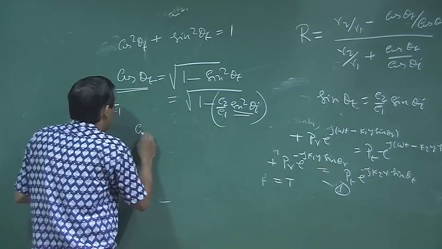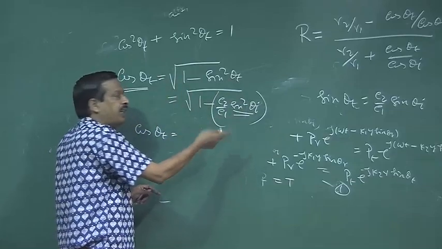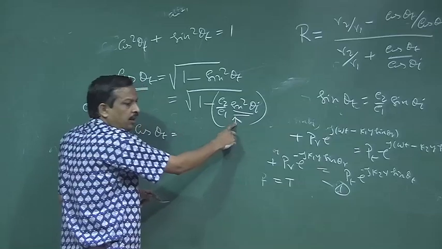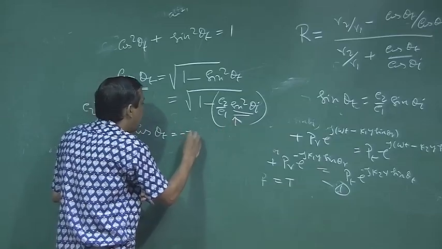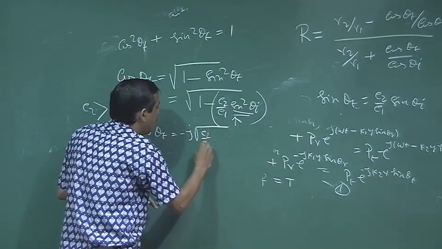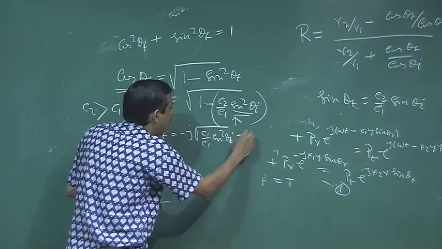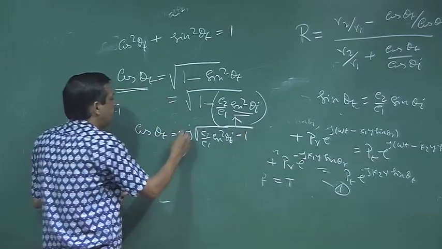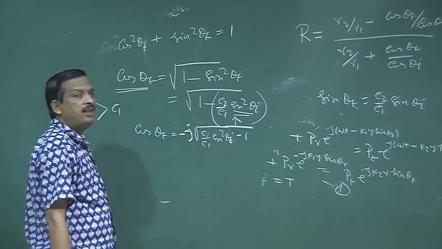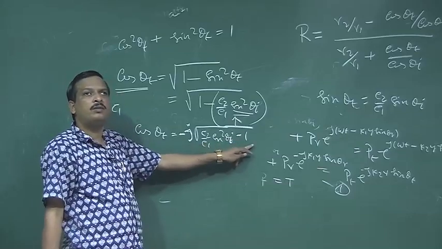The angle of incidence is greater than the critical angle such that this becomes greater than 1. Okay. So, if it is greater than 1, then cos theta t is nothing but minus j root over of (C2 by C1) sin square theta I minus 1. I can write it this way.